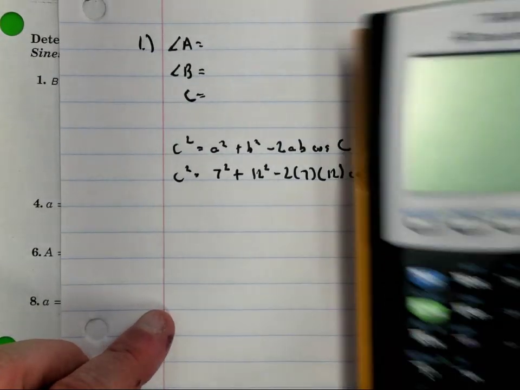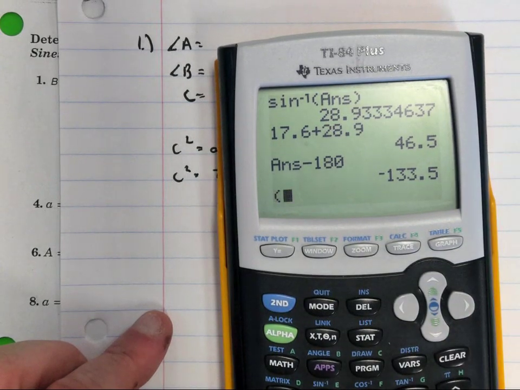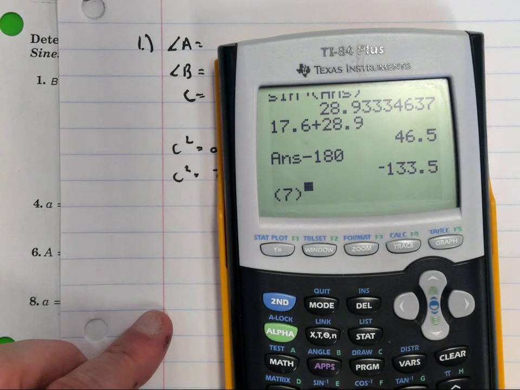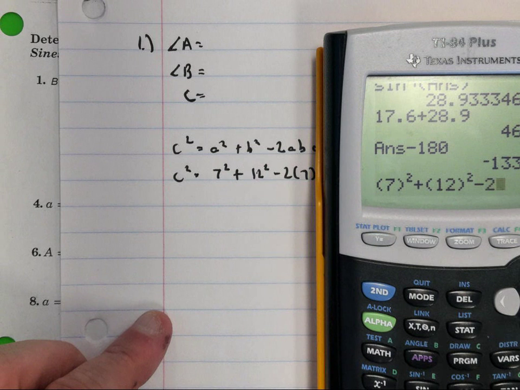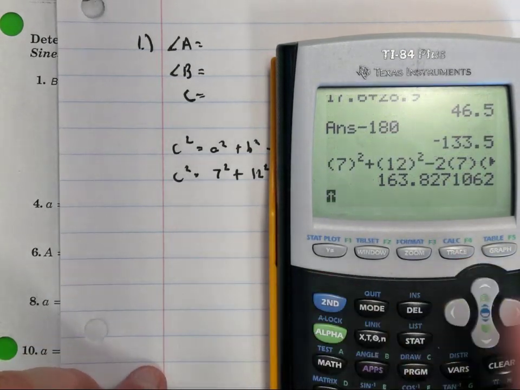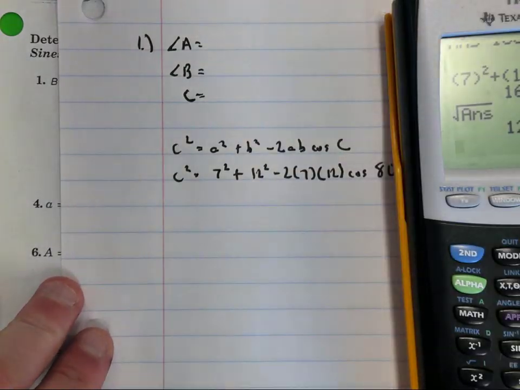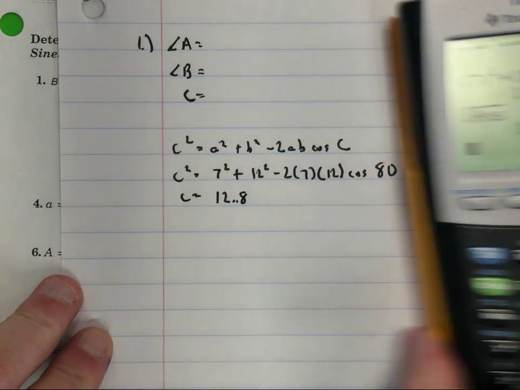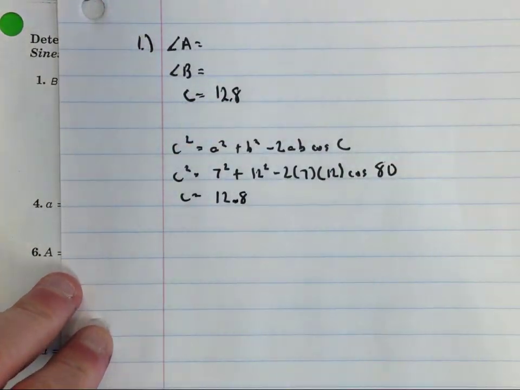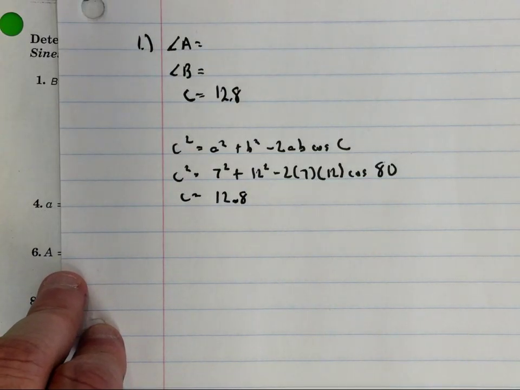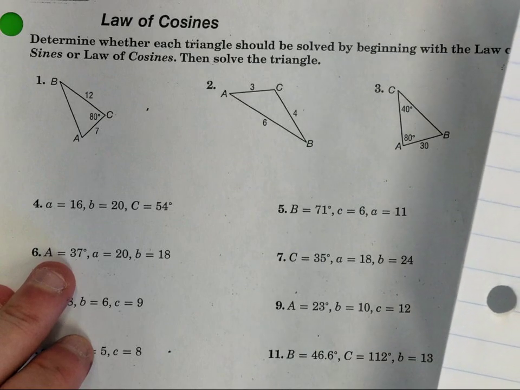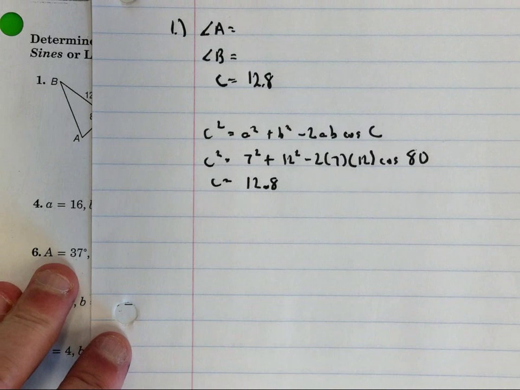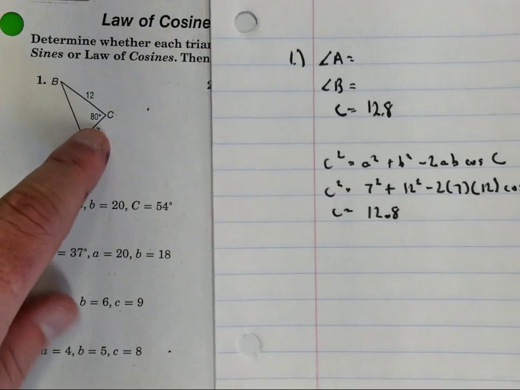Alright, then I'm going to input that in my calculator. Then take the square root of that. 12.8. Now that I know my C and I know my angle C, I'm going to set up the law of sines.